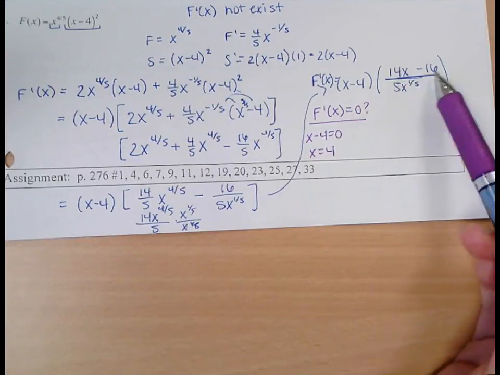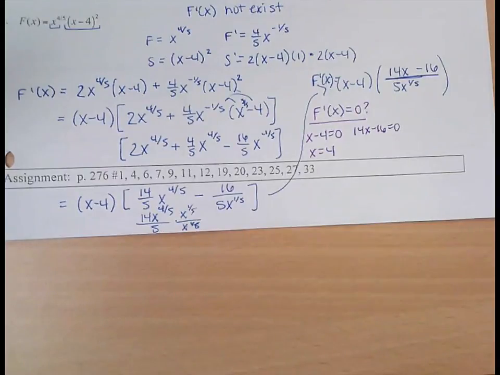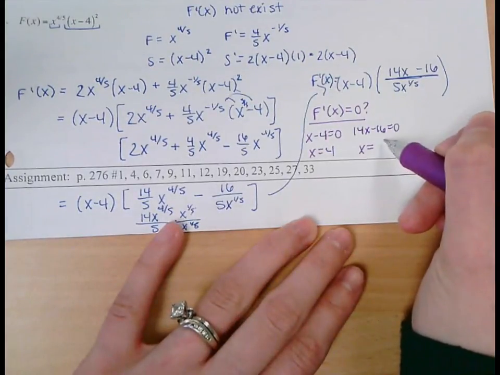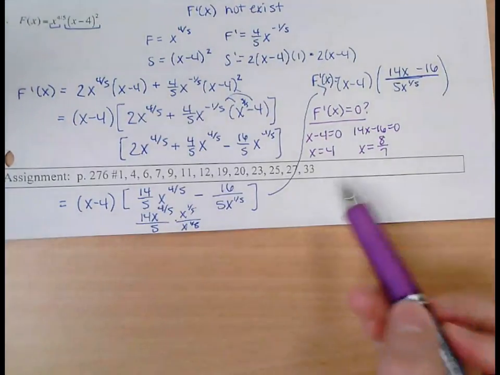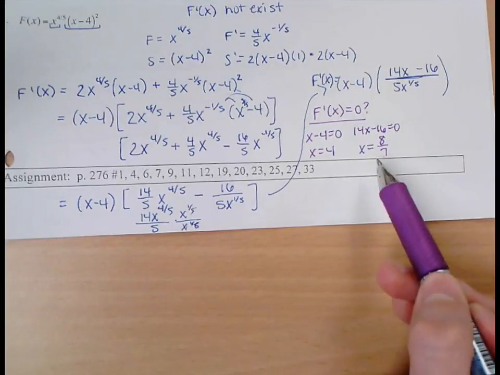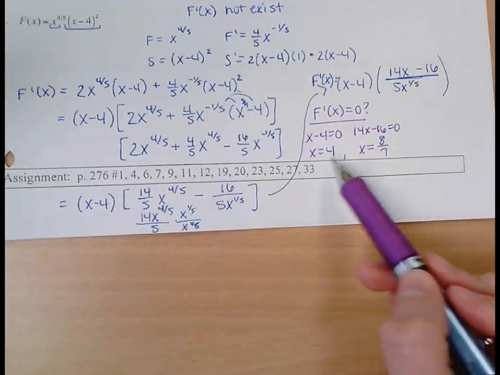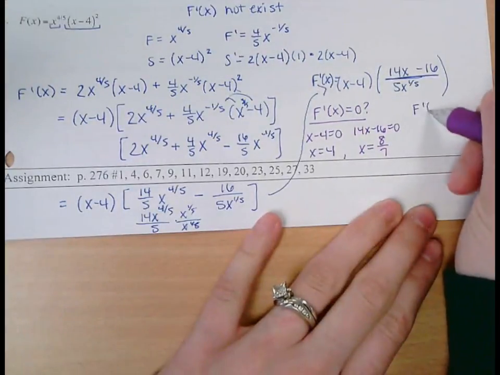So the other case would be when the 14x minus 16 would equal 0. So x would equal 16 over 14, so 8/7. So positive 4 is a critical value, 8/7 is a critical value, and those are the only two x values that would make the derivative equal 0.